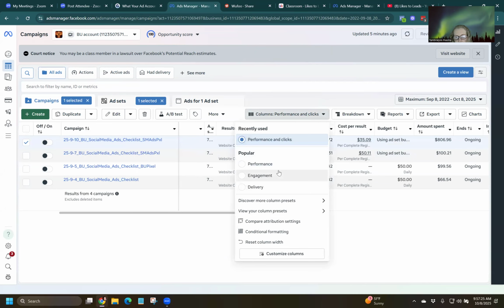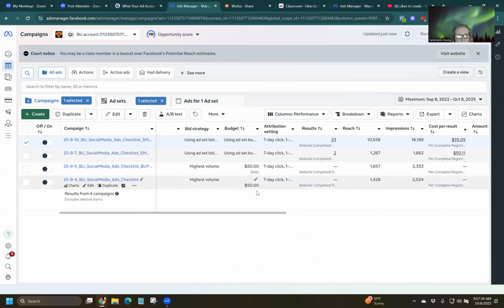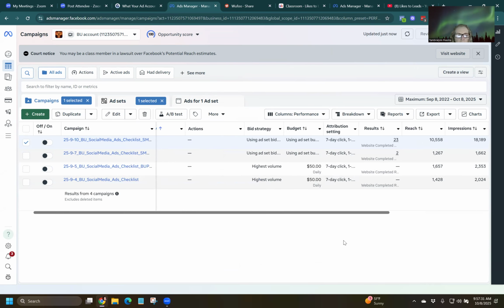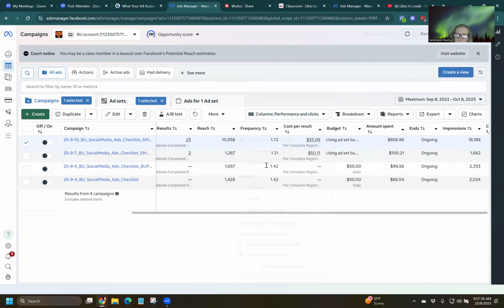If it just comes in and it's on performance, you're not going to see these columns. Like, where are the columns? Performance and clicks is what you want to be on. So go to performance and clicks. You'll see the numbers start playing. Again, write them down and let the brain learn on these numbers. I will tell you that will help you a lot.